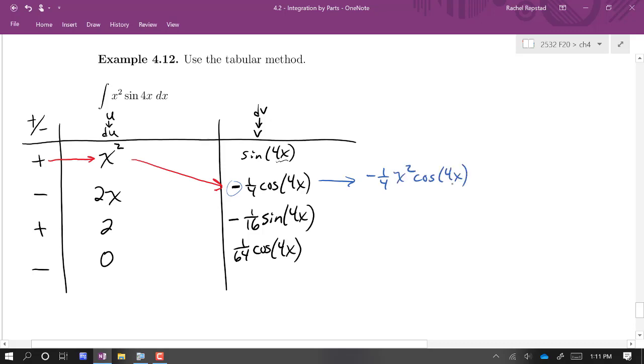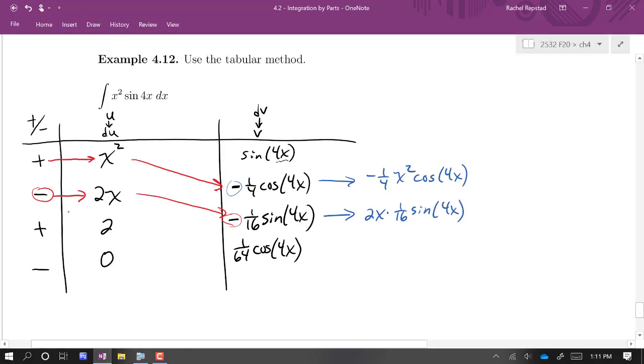Then this next product, we take the negative, we have 2x times a negative 1/16. This will end up being a positive. Two times 1/16 is 1/8, so it'll be a positive, well, I'll just write out the product itself. 2x times 1/16 sine 4x.